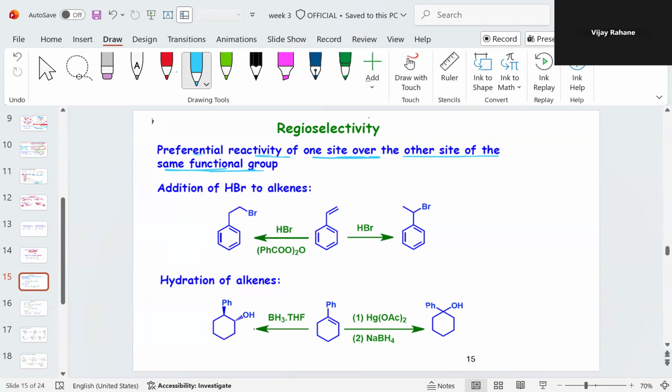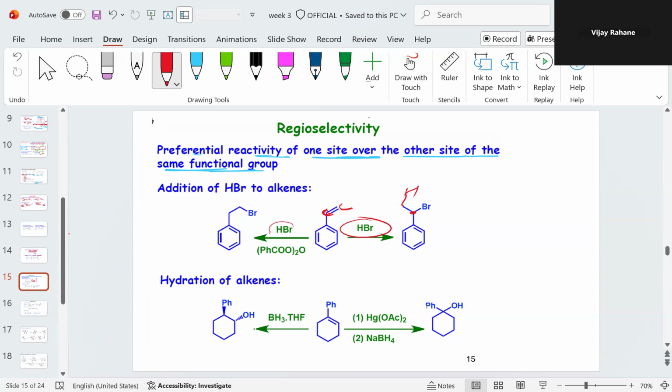Let's say this is our starting material and we have the olefin. If you look at the olefin, this is the terminal carbon and this is the middle carbon. If you add HBr, the Br negative will attack the middle carbon and the proton attacks the terminal carbon.